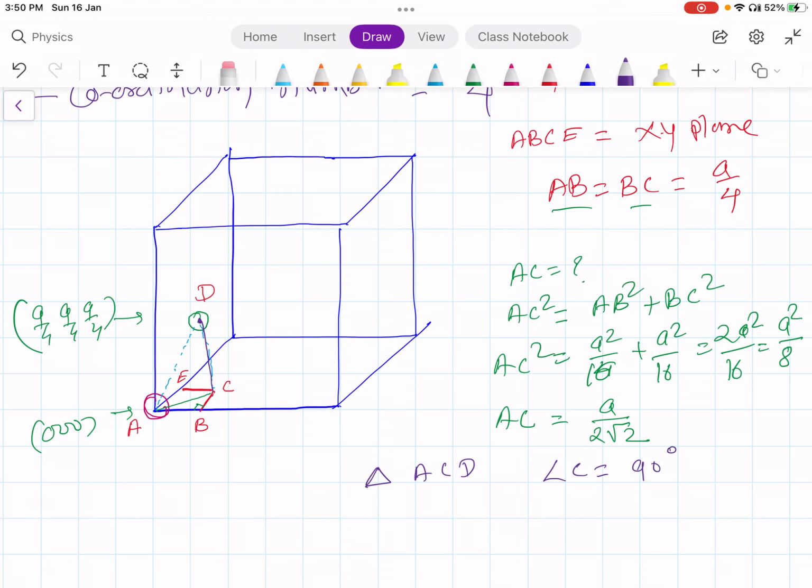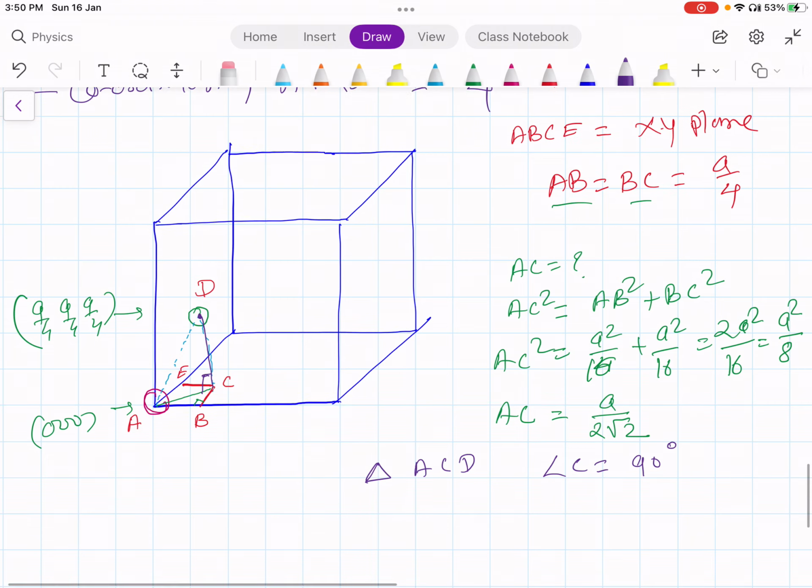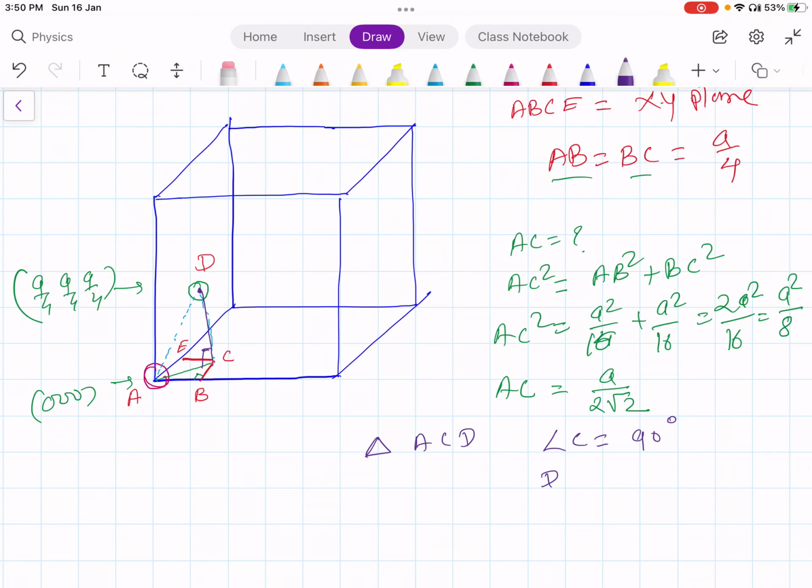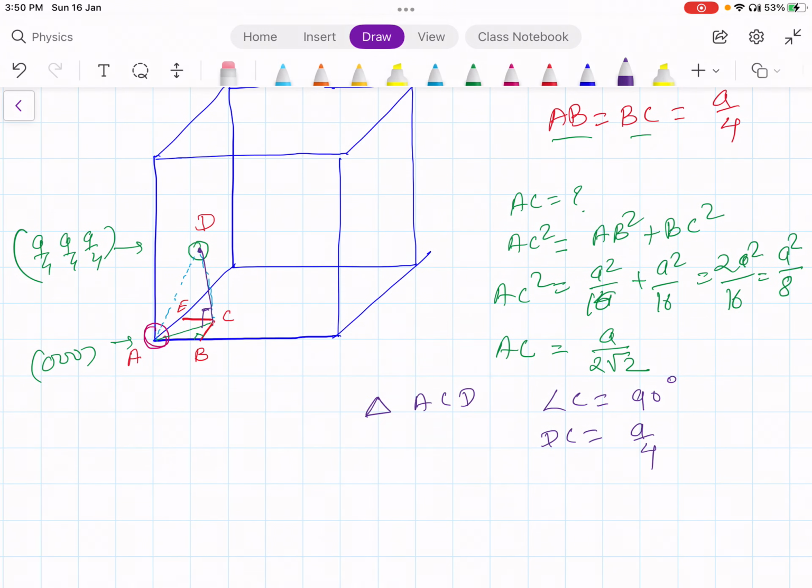This is a right angle triangle. Here DC is the height along the z direction, so DC is equal to a/4, the z coordinate. We know AC, and what we have to find is AD.